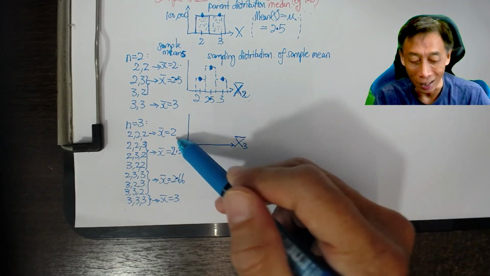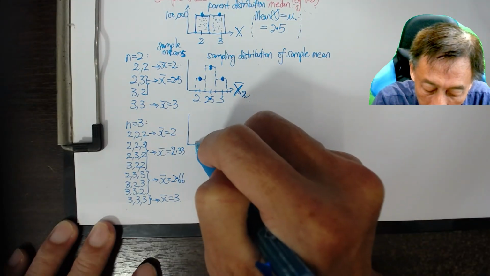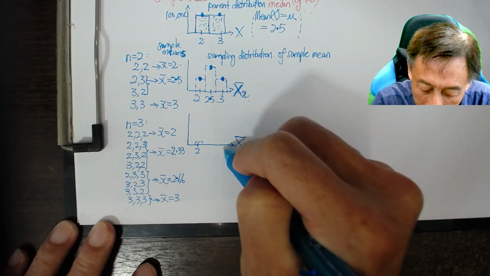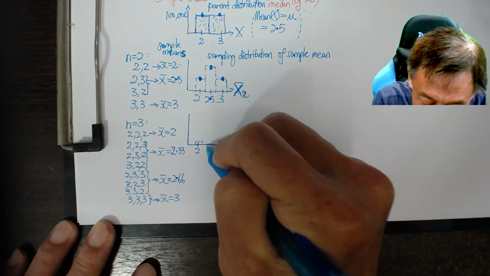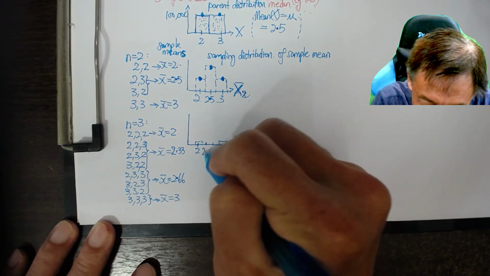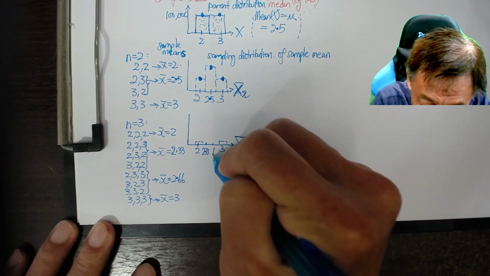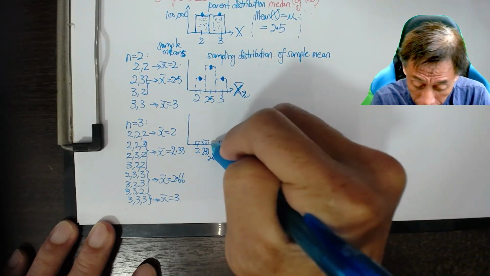Every time we get a 2, we are going to get a 2 here and put a Lego toy block on top, right? And every time we get a 2.33, we will put another Lego toy block on top, and so on, right?